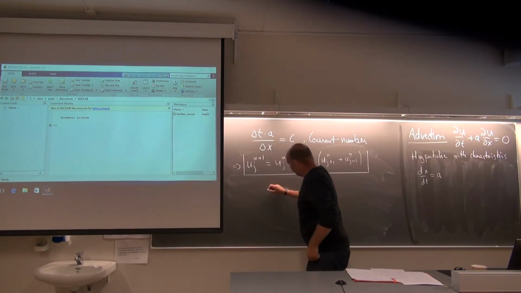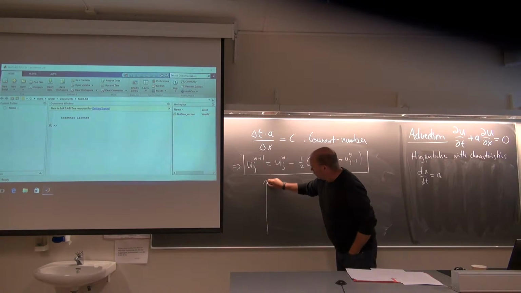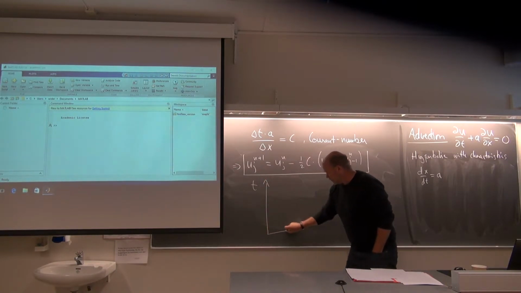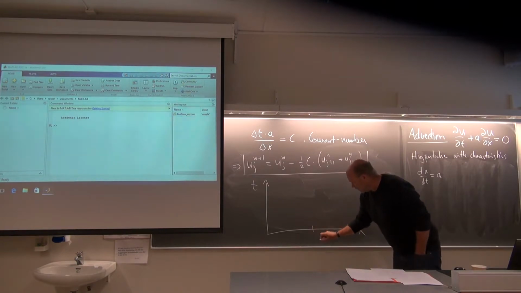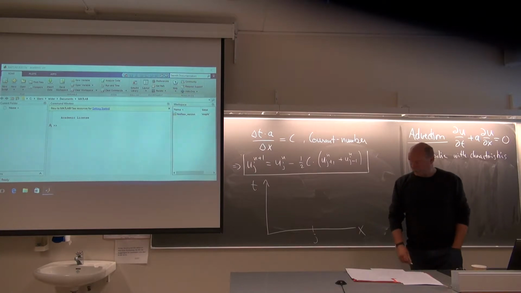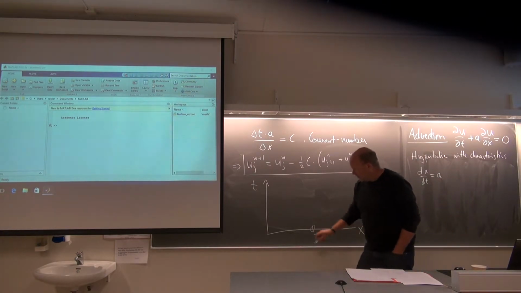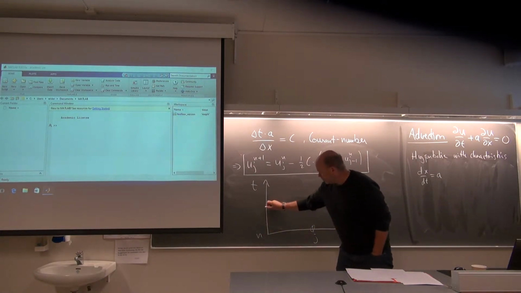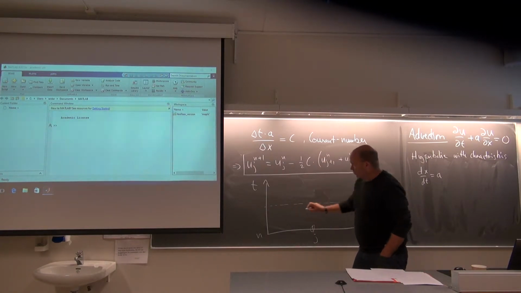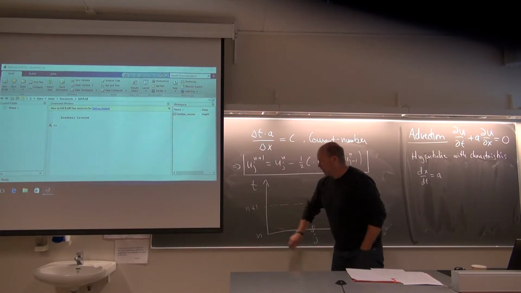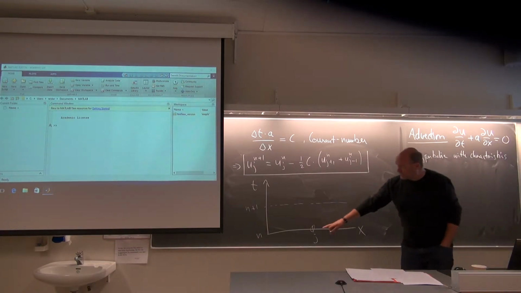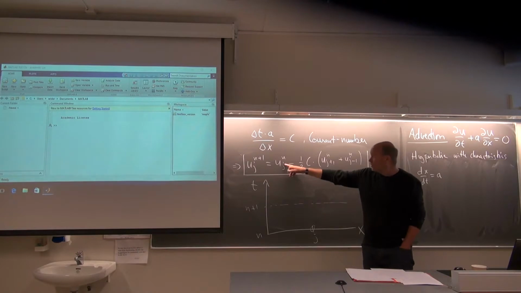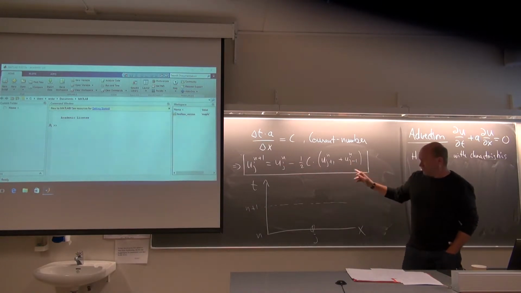And if we want a solution now, forward in time, and here we have x, then here I have my point J. So this is my center point here, time level n. And now I want to go up to time level n plus 1. How do I do that? Well, I use the center point, of course, but also I use the two neighbors.